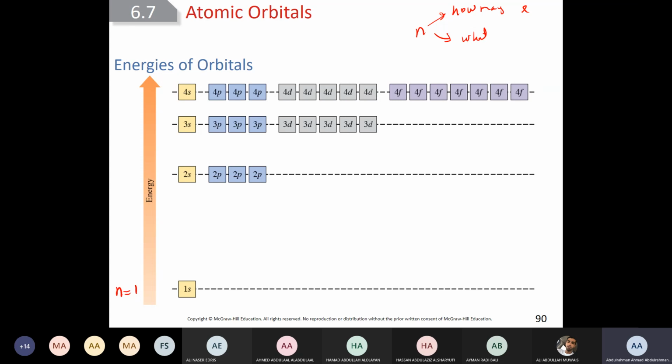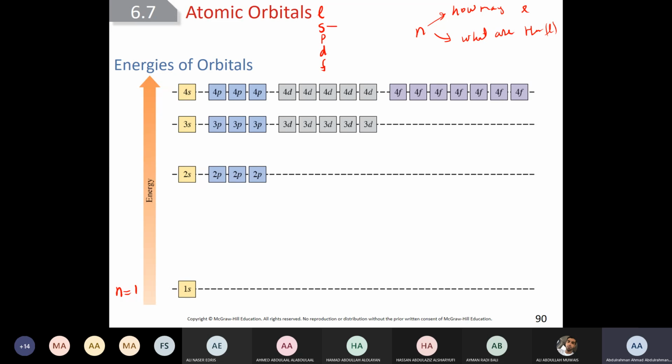And if we have L, I'll ask how many ml. Always keep in mind that L is S or P or D or F.